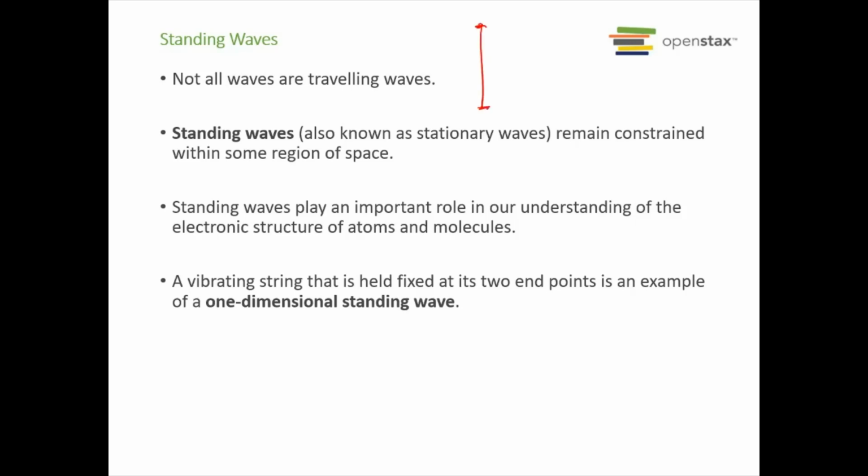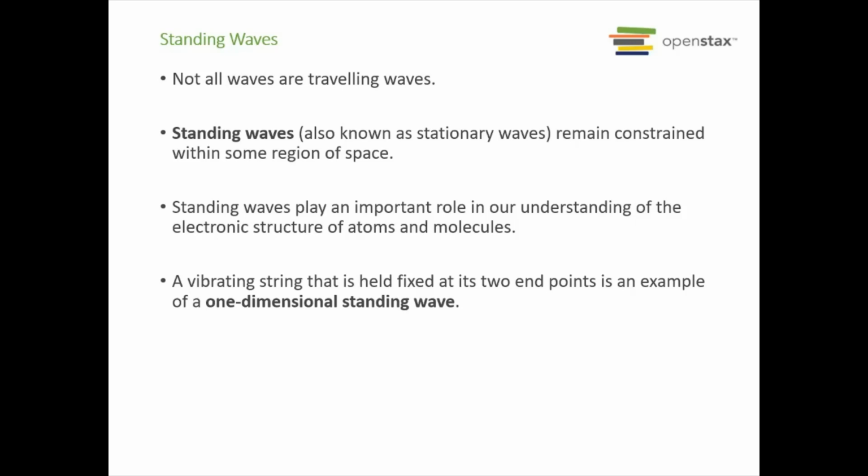And when you pluck the string on a guitar, you're actually creating waves. There's different types of waves that it'll make. And as that string is vibrating as a wave, it can't go anywhere, so it's a standing wave. And these are really important for understanding electronic structures of atoms and molecules.